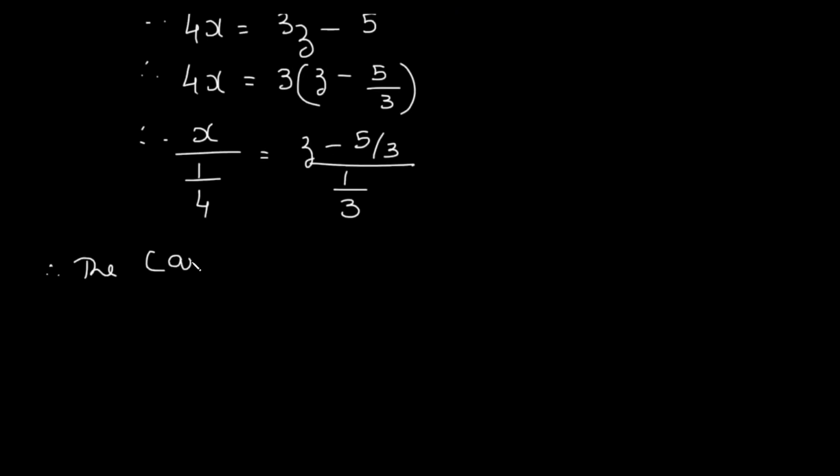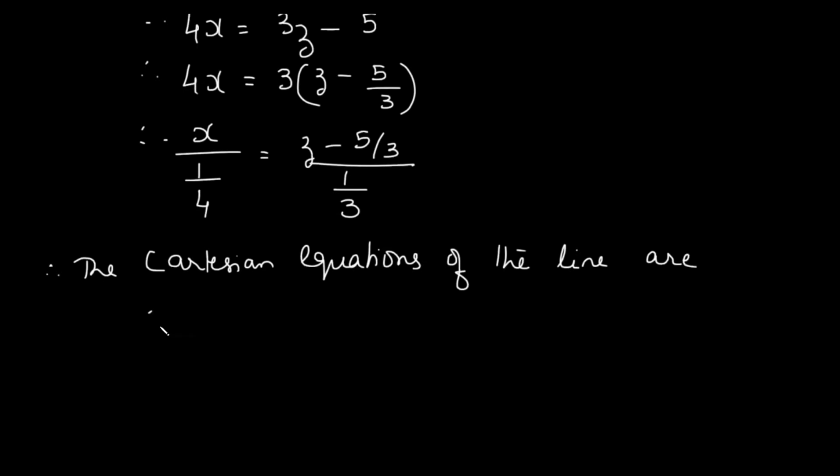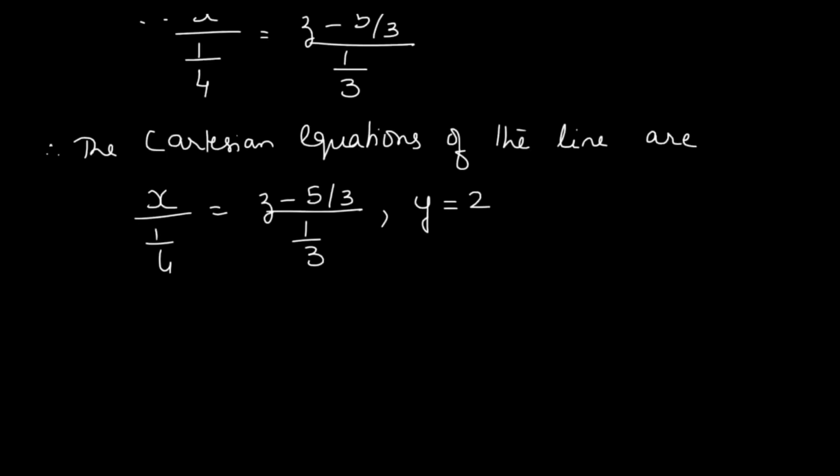So the Cartesian equations of the line are now x upon 1 upon 4 is equal to z minus 5 by 3 upon 1 upon 3, and also y is equal to 2 separately, that they have given us. And therefore from our theory we know that the line passes through these points.